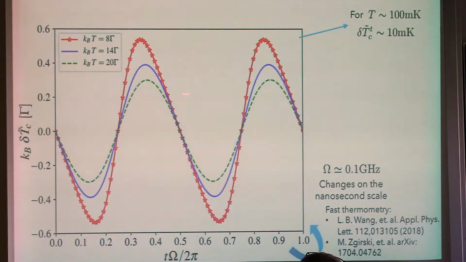The fluctuation here as a function of time will take place within the nanosecond scale. But this can be reached. There are two recent publications from the group of Pekola that can perform fast thermometry with Josephson junctions and the use of superconductors.